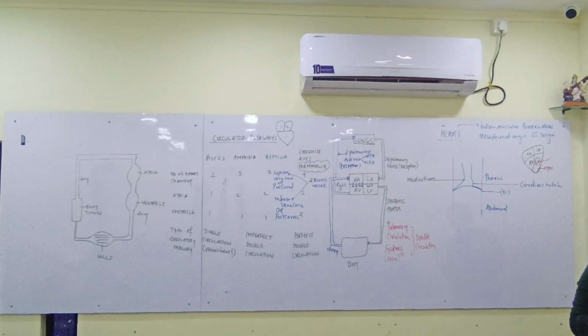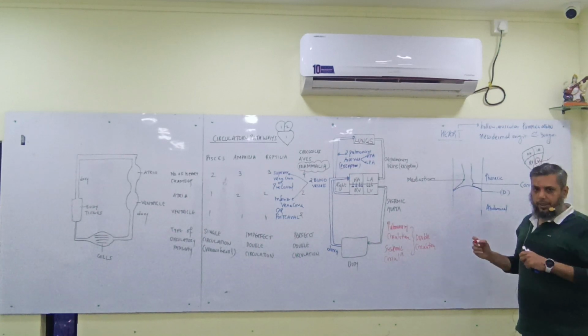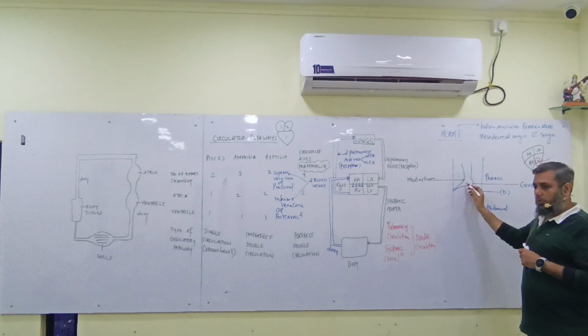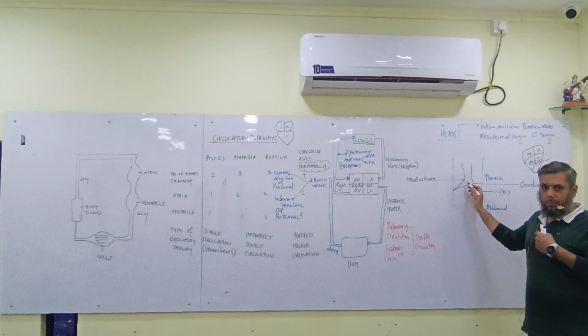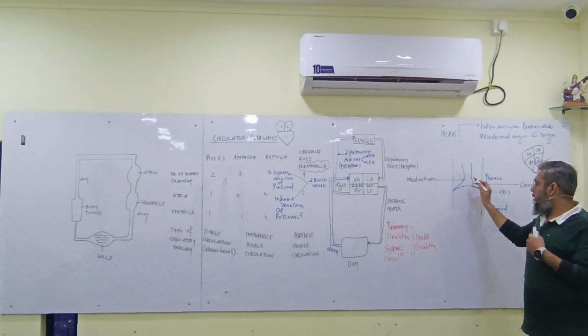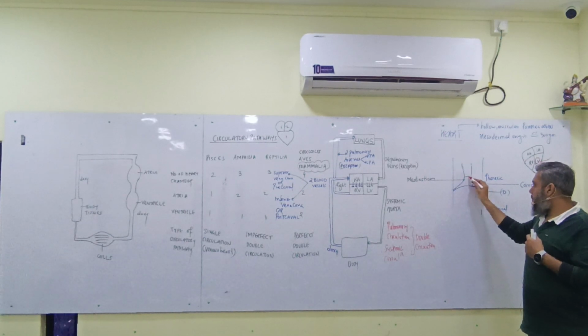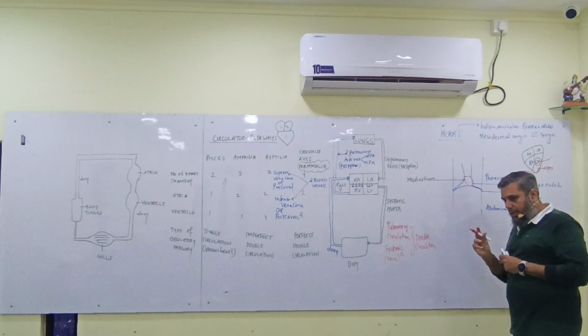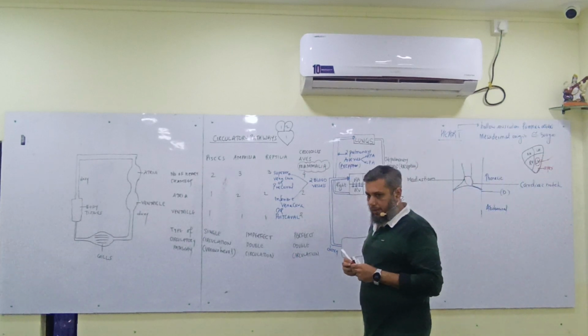So the apex of the heart is mainly made up of the left ventricle. The human heart is located in the exact center of the thoracic cage, behind the breastbone, that is the sternum, in a space called the mediastinum, and the apex of the heart is slightly tilted towards the left side.